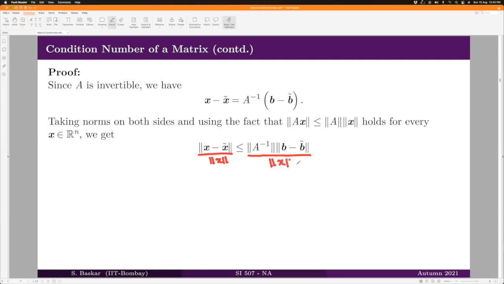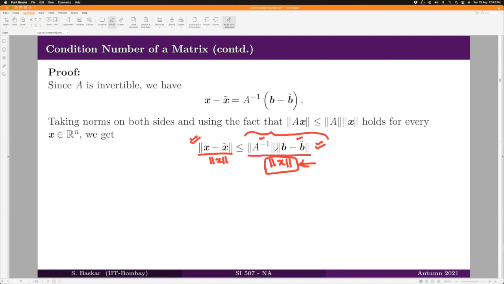Now you see, we got the left hand side, but the right hand side is something different from what we want, right? And this is something which is unknown to us, therefore we cannot consider this as an estimate. Somehow we have to get rid of it and bring something which is a known quantity to us. Other than this, these two are known.